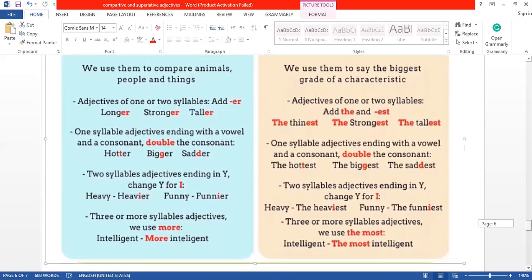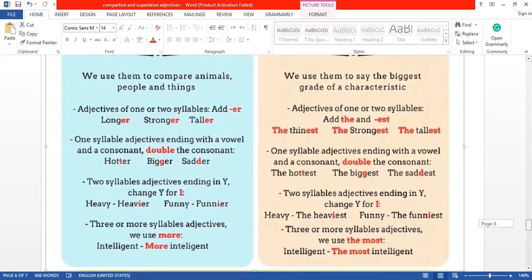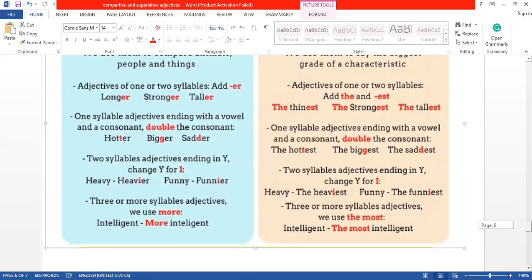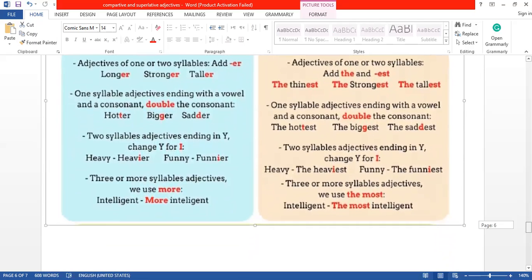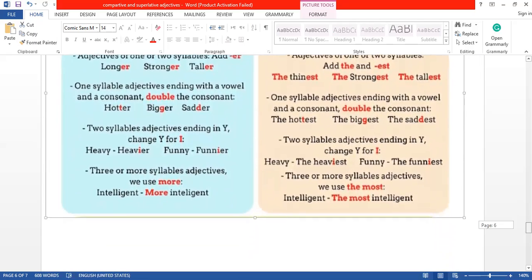And the adjective that has Y at the end, we change it to I. Heavier, funnier, heaviest, funniest. And the adjectives that have three or more syllables, we add more: more intelligent, the most intelligent.